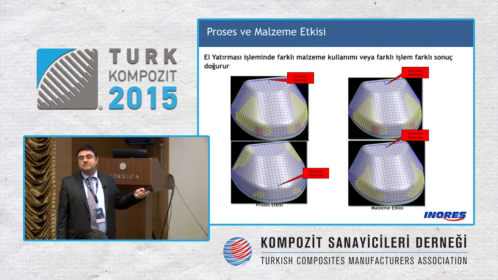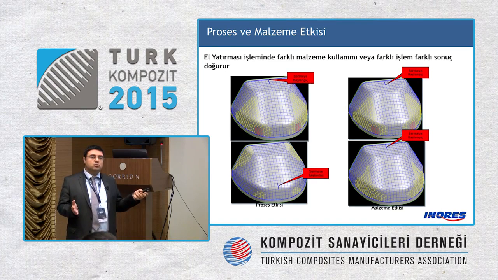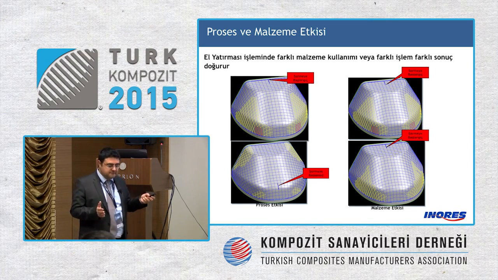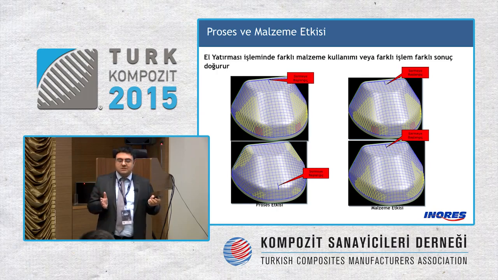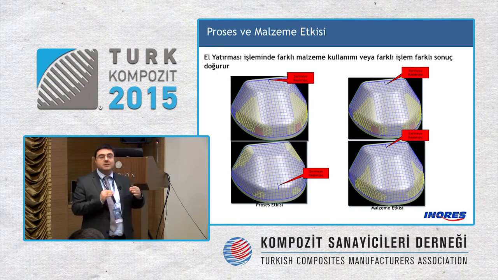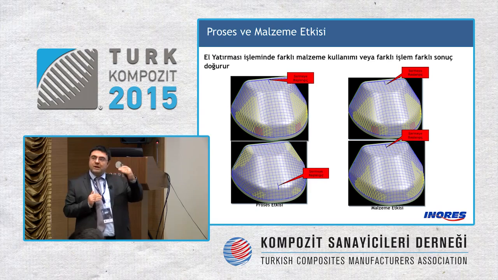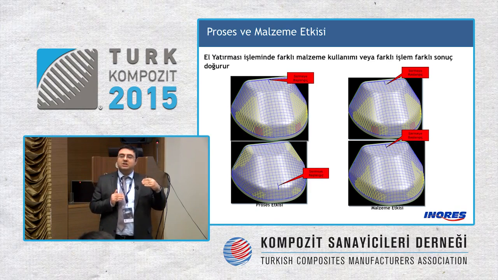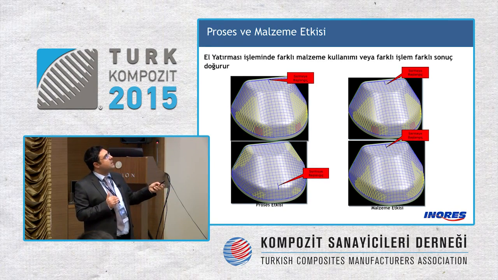Or if you change the material, although you have the same starting point, it might create a problem because sometimes it is a combination of carbon with glass. Sometimes the composite ingredients are different.